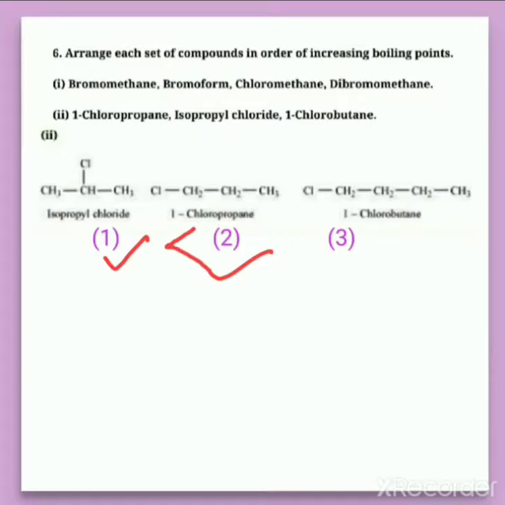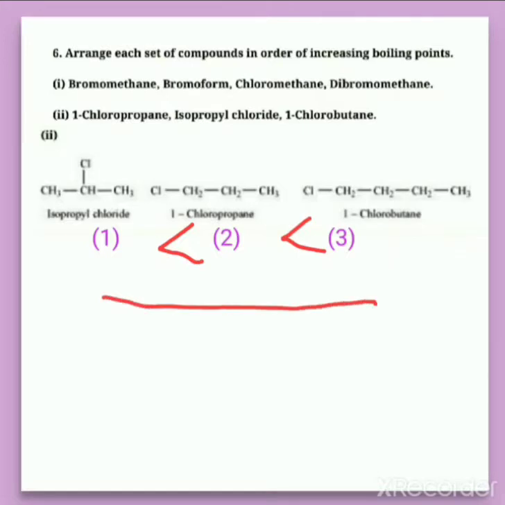We ultimately got the result that the third has the maximum boiling point because it has maximum mass compared to the first and second, and the first and second have the same mass but there is branching in the first structure, therefore it has a lower boiling point than the second. So this is the correct order of increasing boiling point.